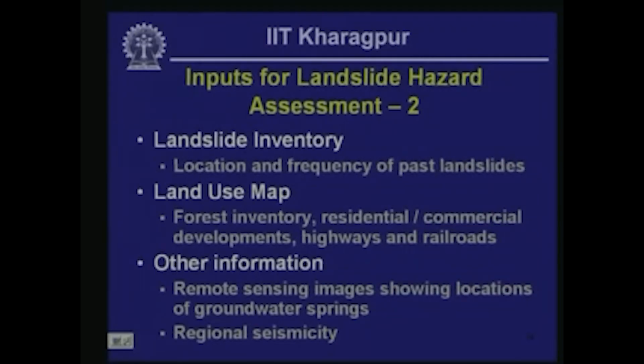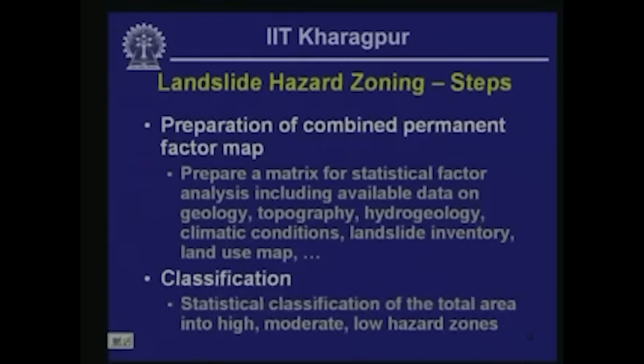We have to look at, in this respect, the forest cover in a given area, or whether a hill slope is open for residential or commercial developments, whether there are any highways or railroads constructed across the hill slope, and there is other necessary information, such as remote sensing images showing the location of groundwater springs and regional seismicity. So these are the inputs that you need to consider for landslide hazard assessment.